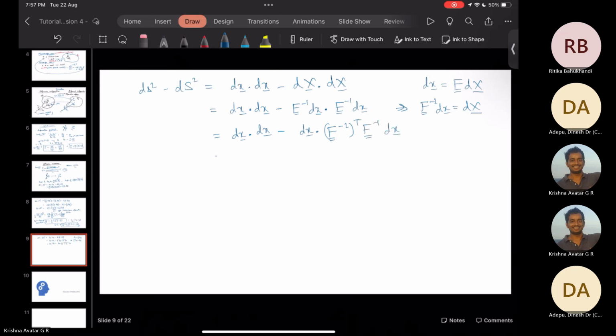And following similar steps as in the previous case, we can now just call it as identity minus F inverse transpose into F inverse.